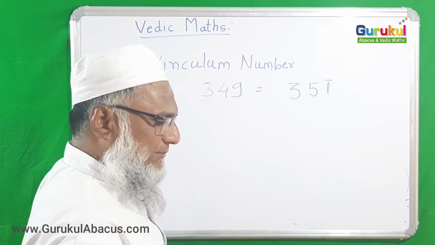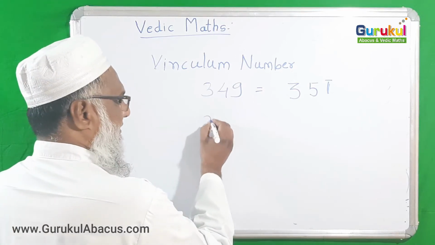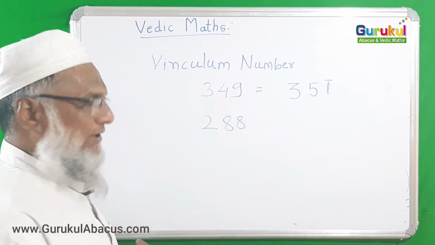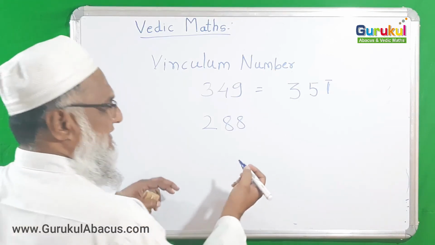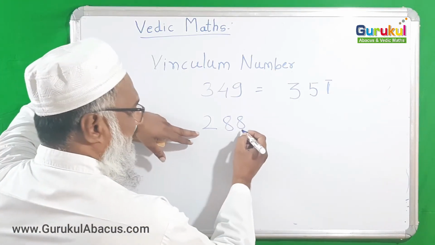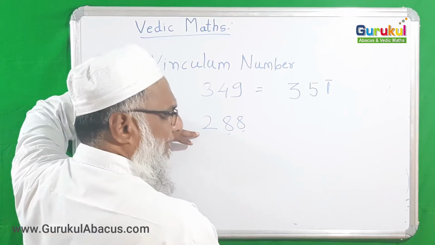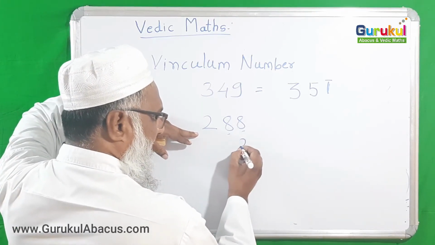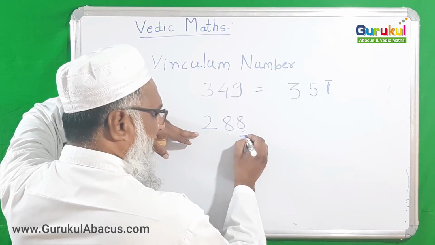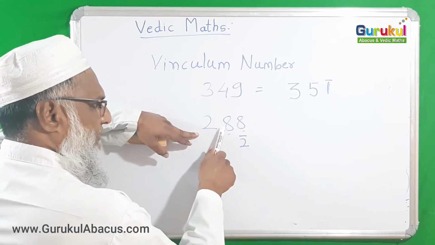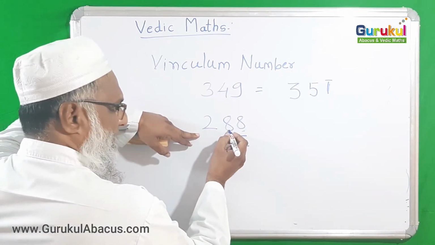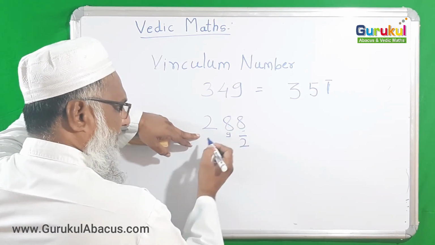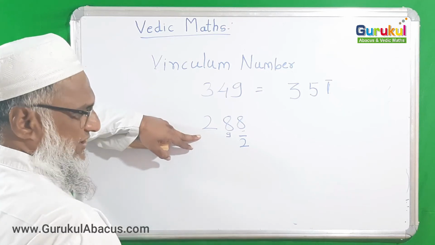Okay, another number I am going to take is 288. Here we are understanding a little differently. This 8 and this also 8 I want to convert. So if I am converting this 8, then its complement with bar I am writing 2, and so this I am making 9. For this 8 I have written 9.